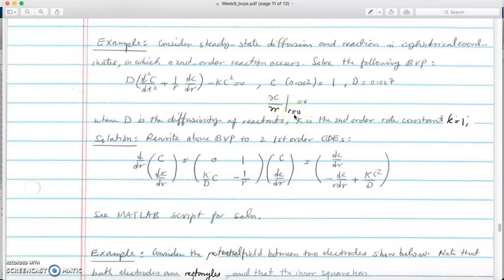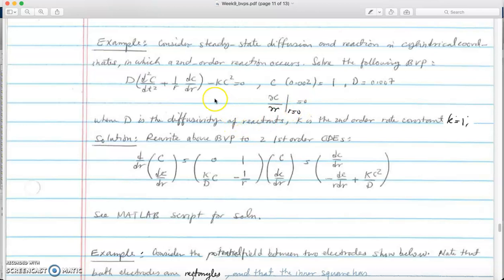Which means the concentration should not have any slope, or there is no flux at the center of the cylinder because it's axisymmetric. So anywhere you look, it should be identical from the center. That's why the slope of the concentration at r equals 0 is 0.